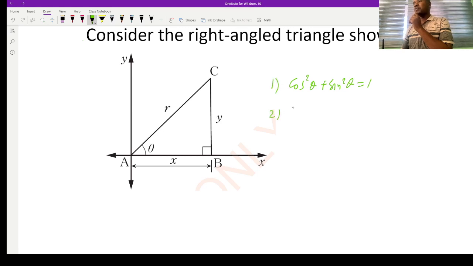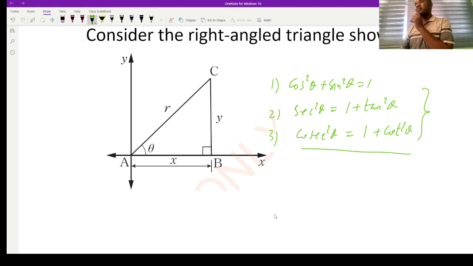The second one being sec square theta equals 1 plus tan square theta, and the third one being cosec square theta equals 1 plus cot square theta. So these are the 3 identities we are going to derive, and after that we are going to see some questions.